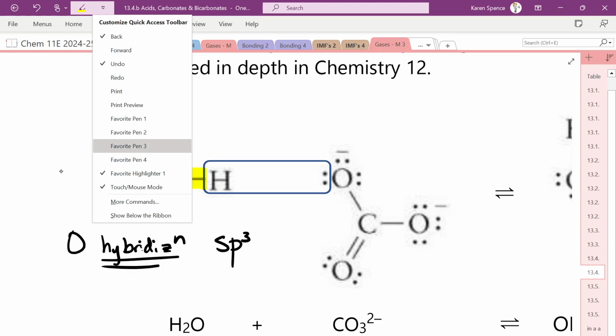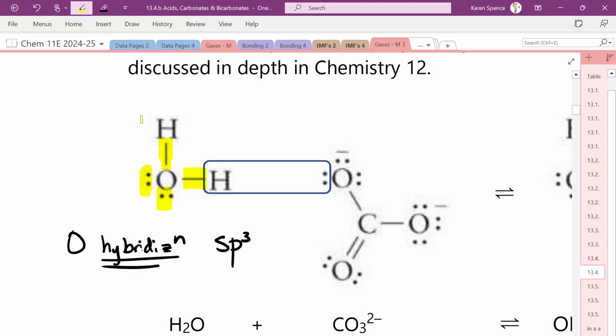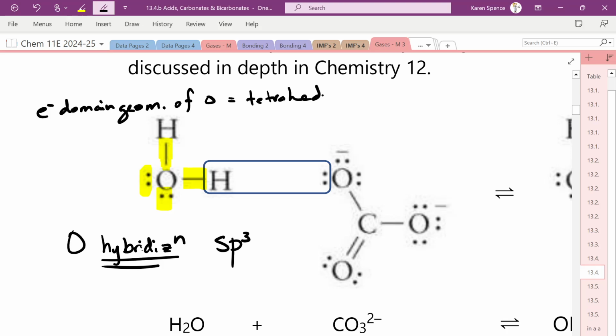What's the electron domain geometry of oxygen? It is tetrahedral, yeah. And the molecular geometry is bent.